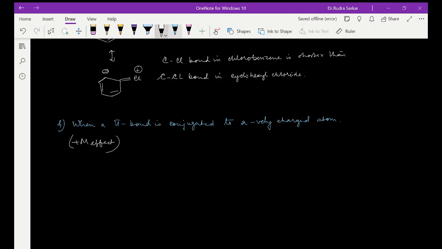Okay, so here suppose we have this, this is called the allyl carbanion, and that is how the electron donation happens.